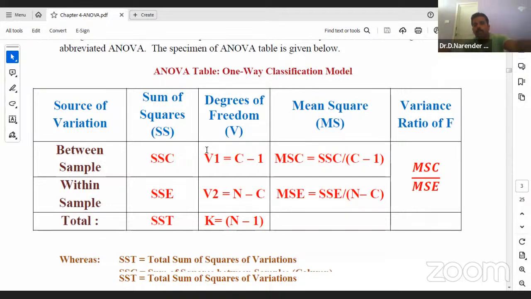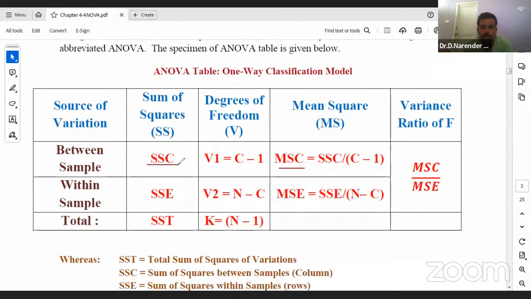Here, the mean squares: MSC is equal to SSC divided by C minus 1. Then MSE is equal to SSE divided by N minus C. Then SST is the total.